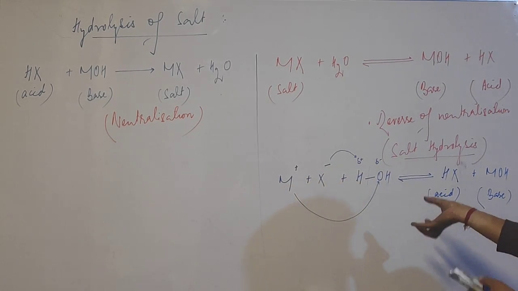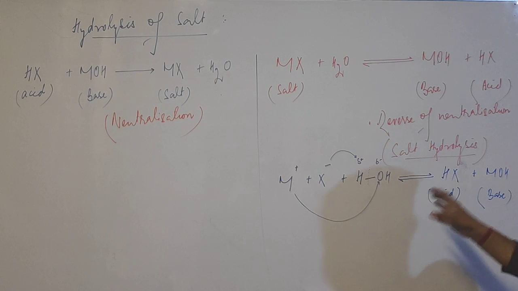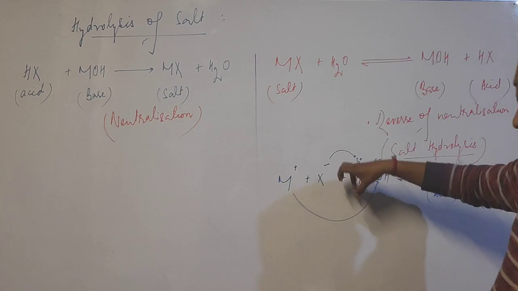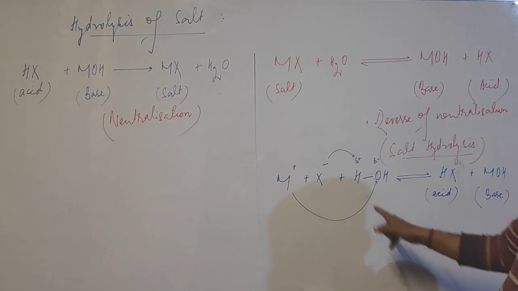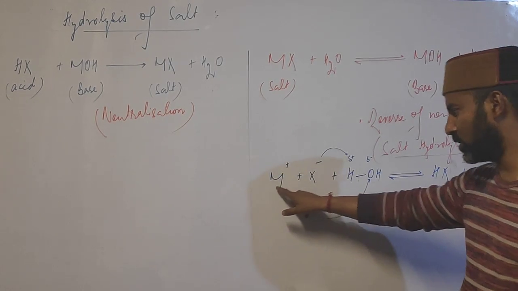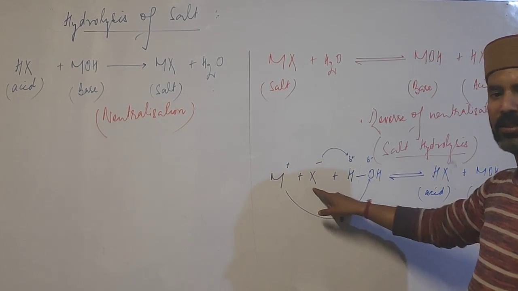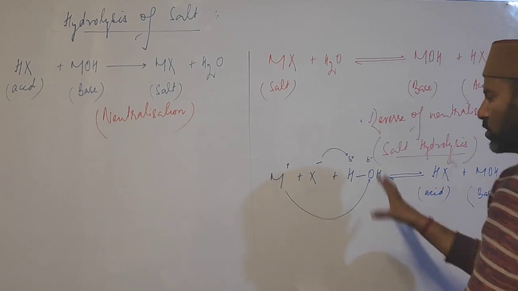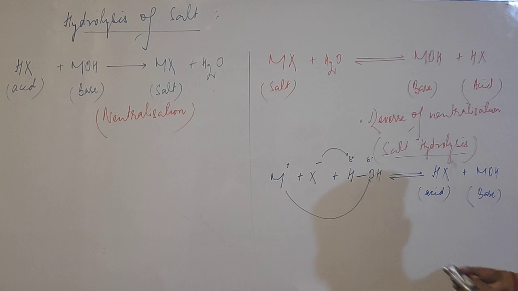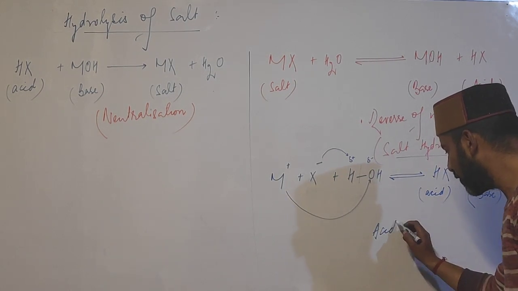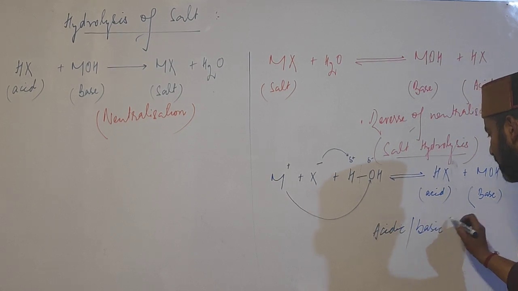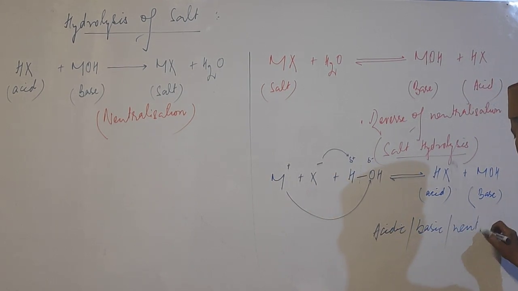Now how to define this process? So students, listen carefully. Salt hydrolysis is a process in which the acid and basic radicals of salt, so this is basic radical, this is acid radical, that is cation and anion of the salt, interact with water, producing an acidic solution, or basic solution or neutral solution.